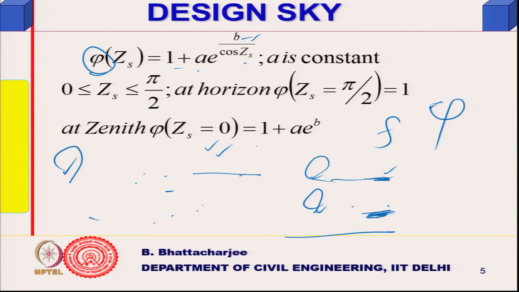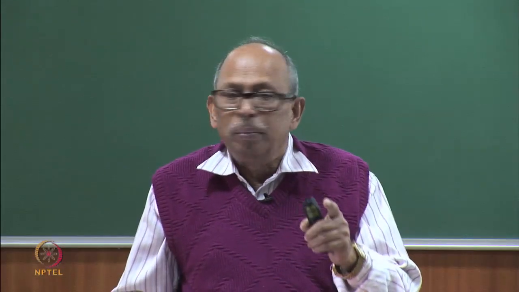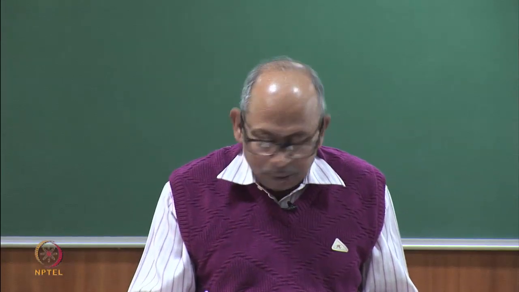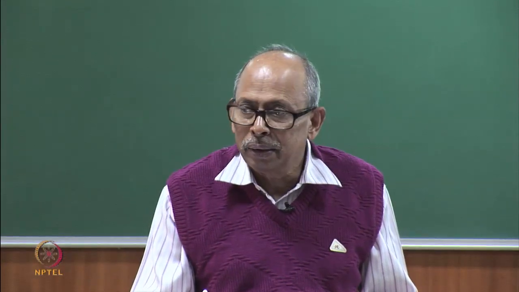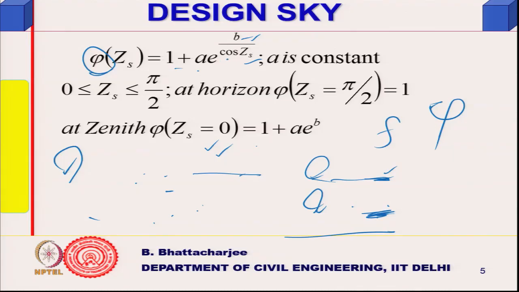This is the position of the sky element from the zenith. That means along this height the brightness is varying, but it does not vary otherwise, right. When ZS is near the horizon, equal to pi by 2, this value becomes 1; at all other values this is negative, so this will become least.